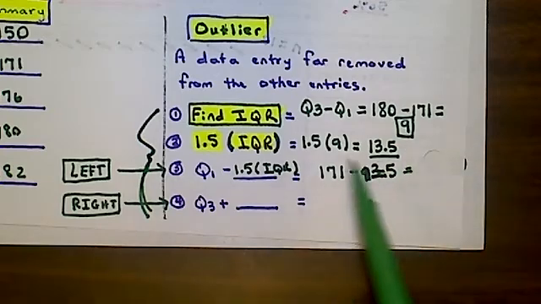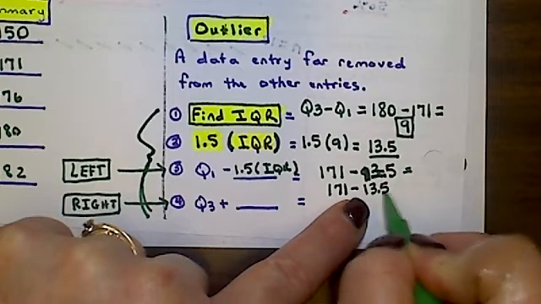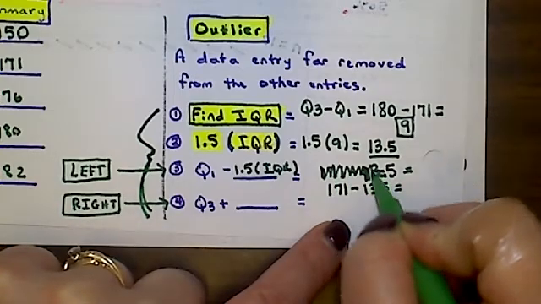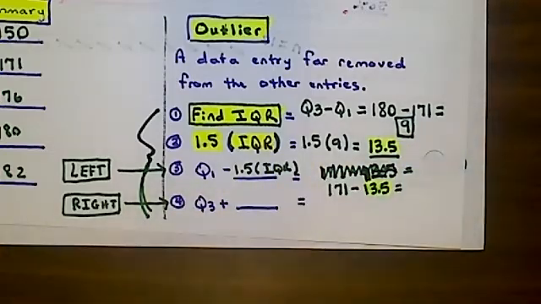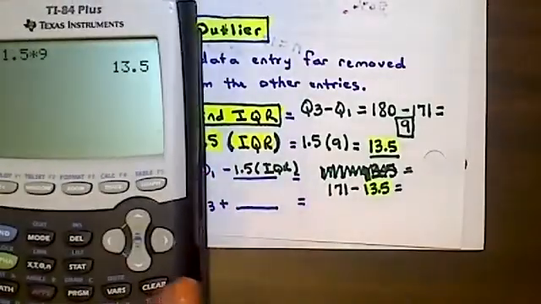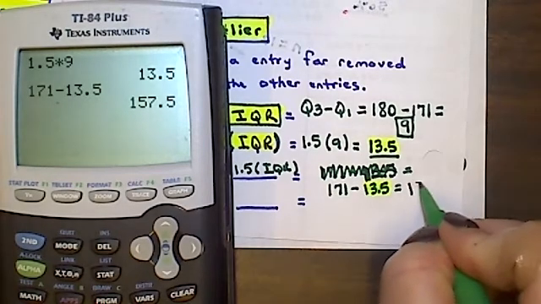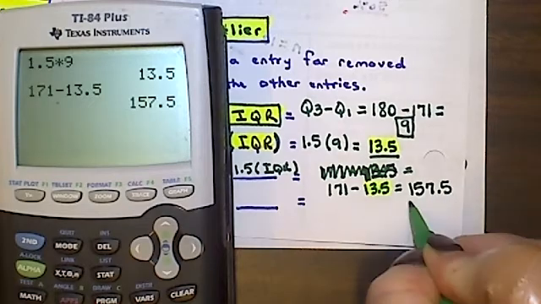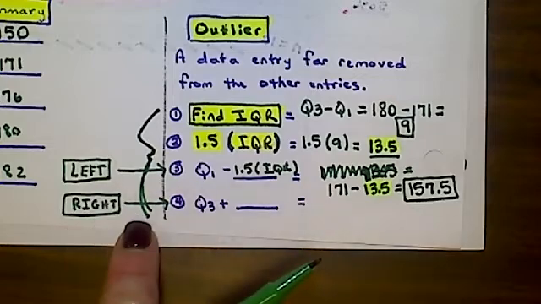Okay, so I'm minusing the 13.5. So I'm doing 171 minus 13.5. Okay, this 13.5 is going right there. So when I take 171 and I minus 13.5, that gives me 157.5. Okay, then I'm going to look to the right of that.